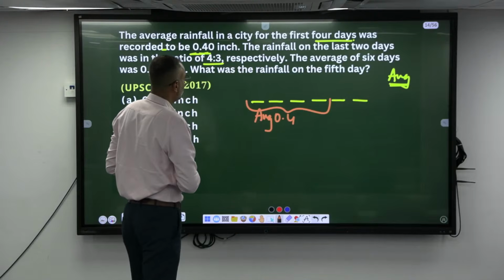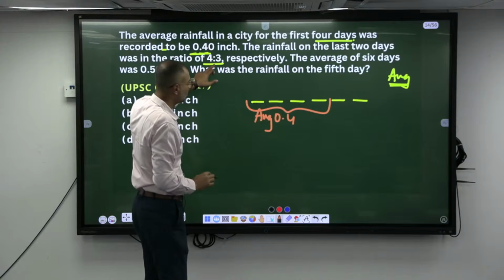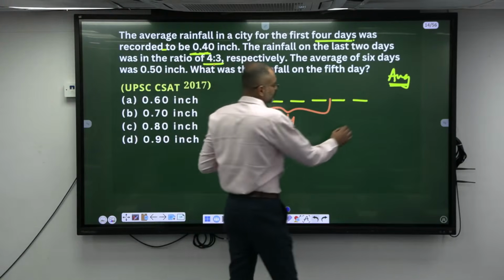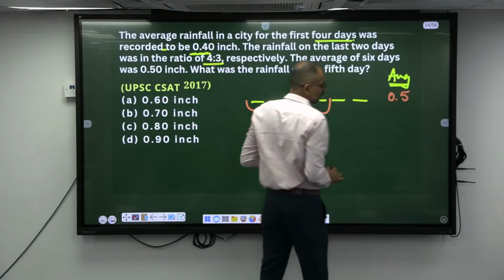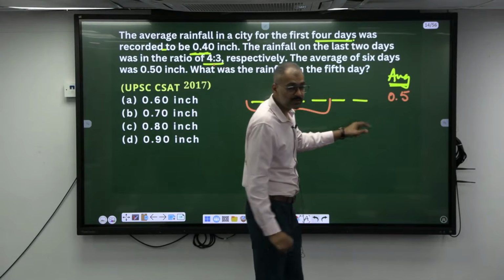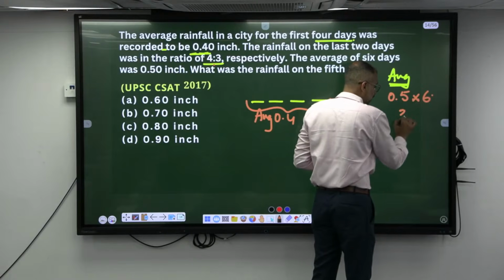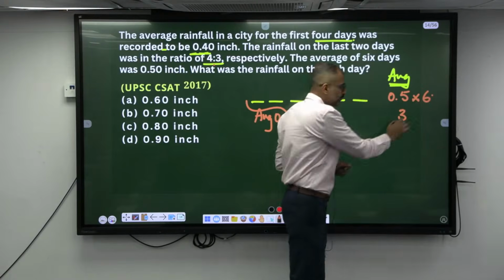The rainfall on the last 2 days is in the ratio 4:3 respectively. The average of the 6 days is 0.5. So what is the sum here? 0.5 into 6, which is nothing but 3.0.